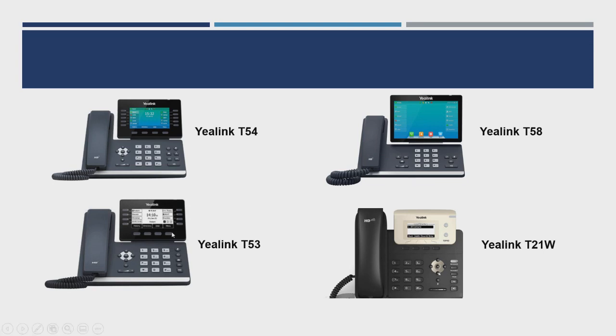So the main thing we want you to focus on, though, are the four buttons at the bottom of the screen. These buttons are called soft keys, and what soft keys provide you is additional functionality based on the state of the phone. So when the phone is idle, you're going to see a new call button, a forward button, a do not disturb button, amongst others.